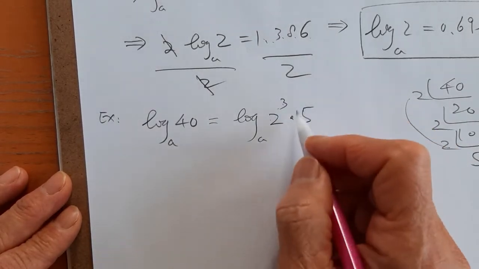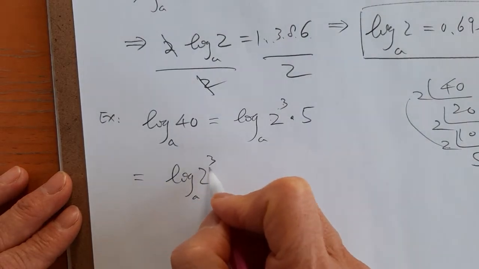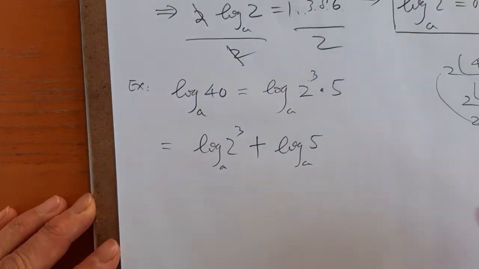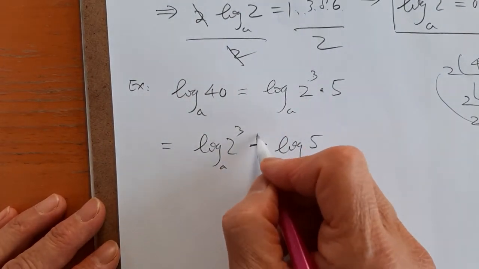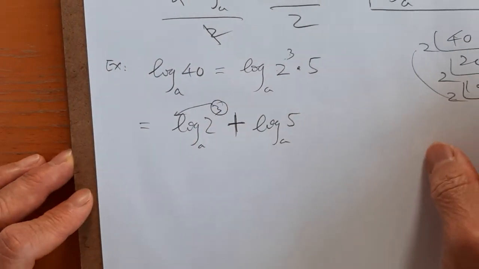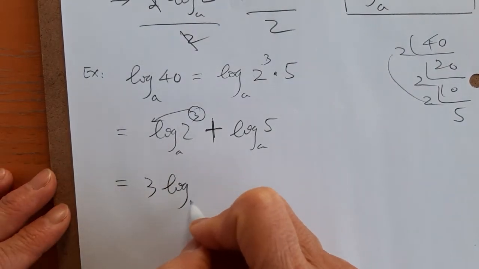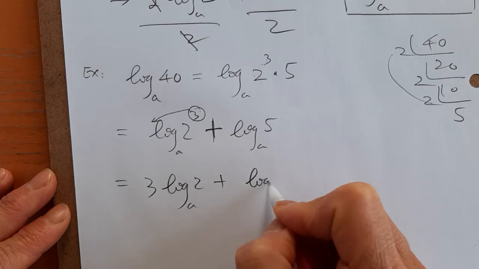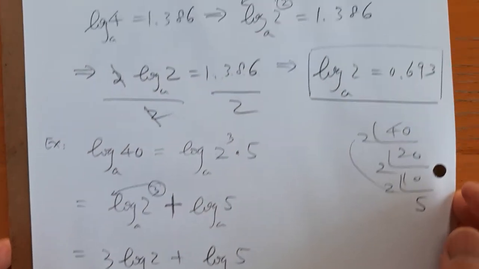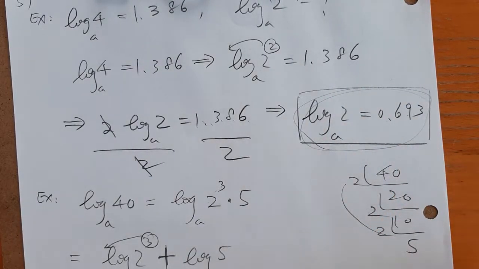Since this is a product, use the product rule. You get log 2 cubed, add log 5. Here's the product, so you add. Then use the power rule: the 3 comes down. So you get 3 log 2 add log 5. Now log 2 we already found in the previous example is 0.693.